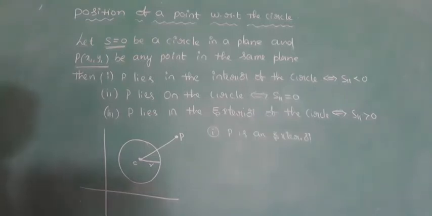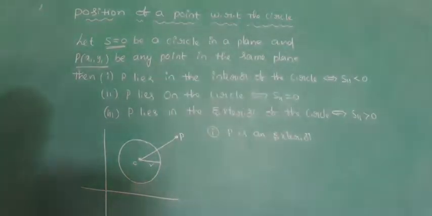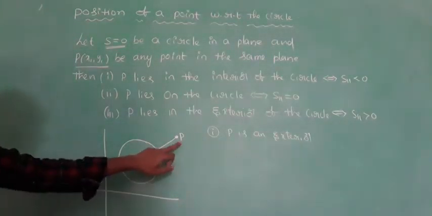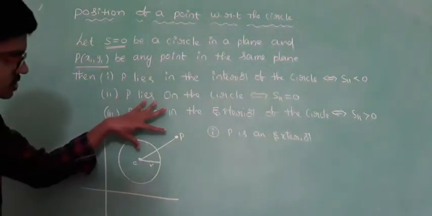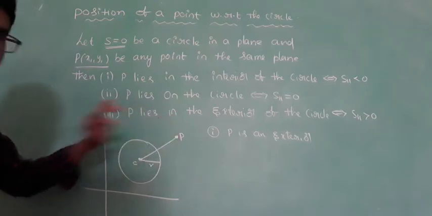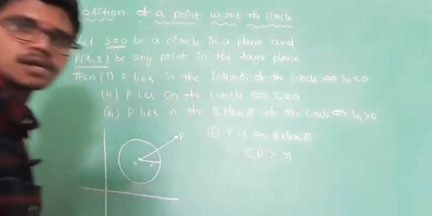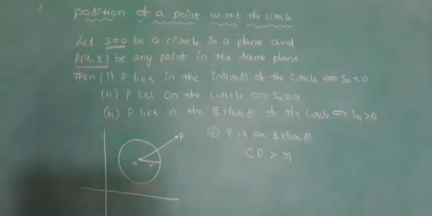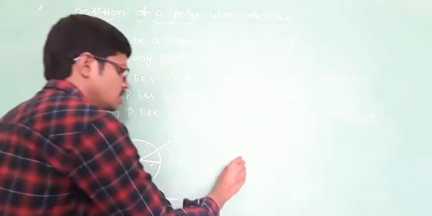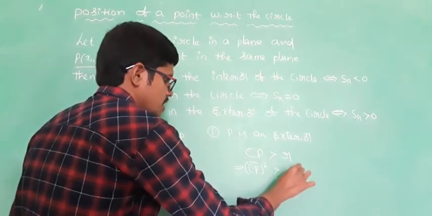So if P is an exterior point, then the distance from the center to that point is greater than the radius. That means CP is greater than r. Squaring on both sides we get CP square is greater than r square.